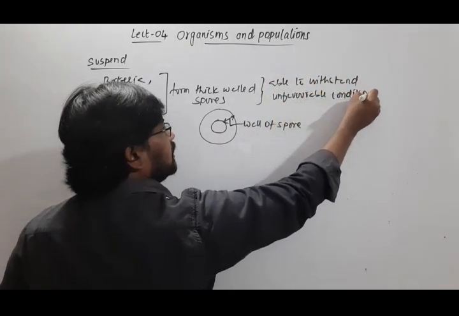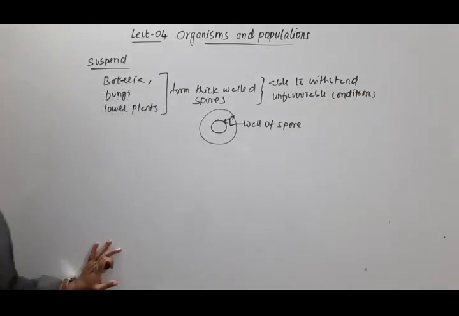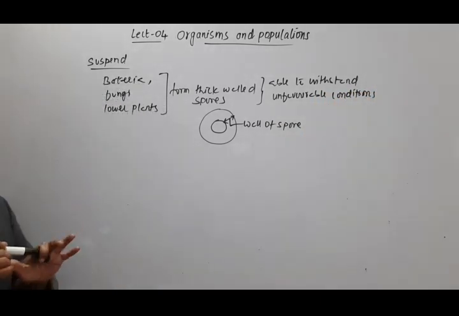As long as the conditions are not favorable, the spores will protect the organism inside, and once the conditions become favorable, the spores will germinate and give rise to new organisms. That's what we see in bacteria, fungi, and the lower group of plants.